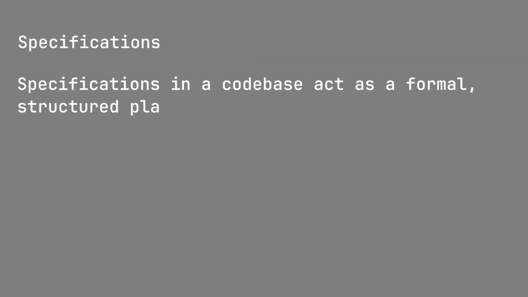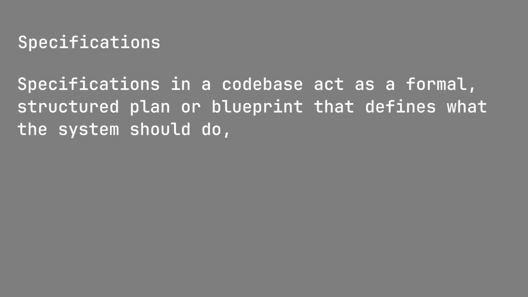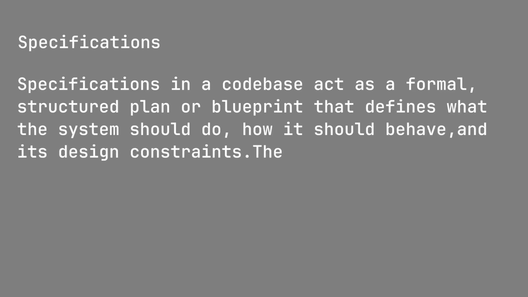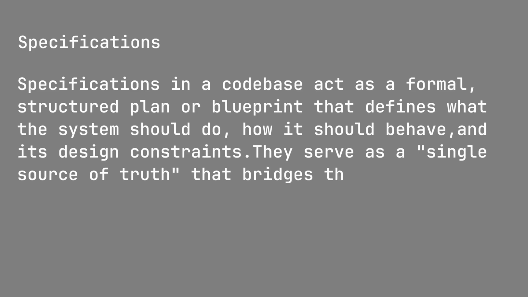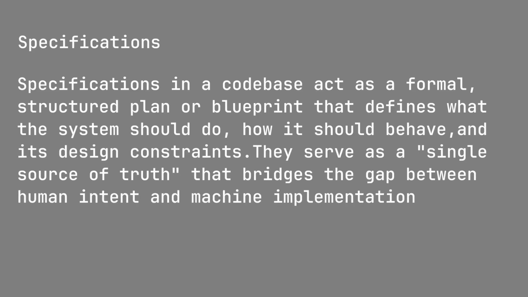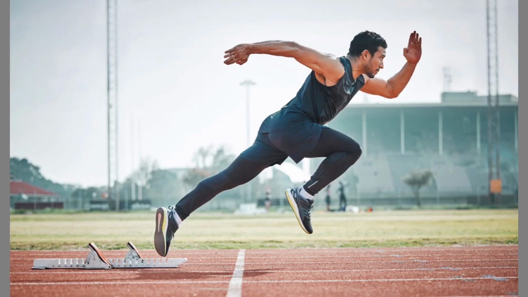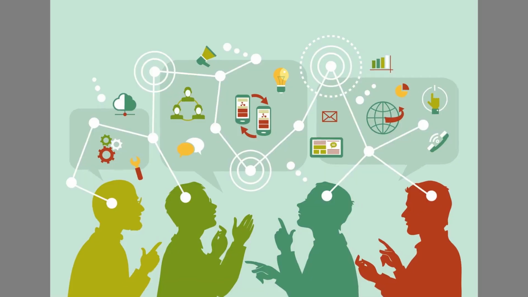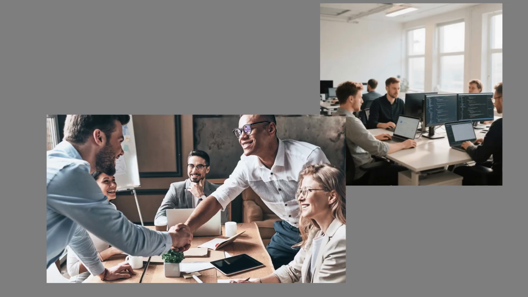Now let's talk about specifications. Specifications in a codebase act as a formal, structured plan or blueprint that defines what the system should do, how it should behave, and its design constraints. They serve as a single source of truth that bridges the gap between human intent and machine implementation, ensuring consistency, reliability, and clear communication among developers, stakeholders, and testers.